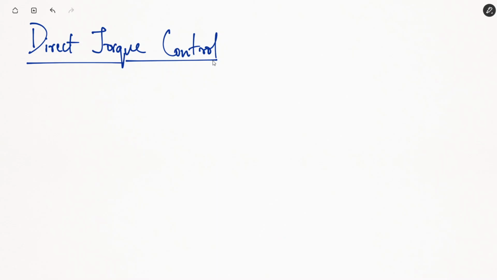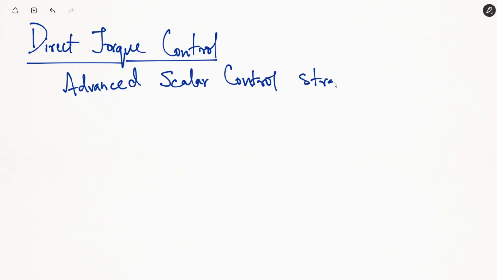Now there's a third type of strategy that's somewhere in between scalar control strategy and vector control strategy. In books you'll see it's classified as an advanced scalar control strategy. It's known popularly by the name direct torque control.